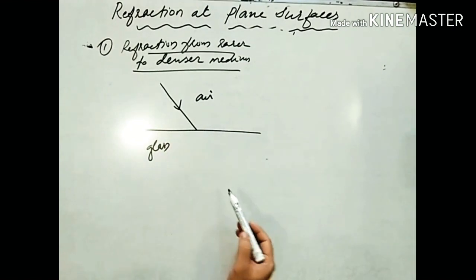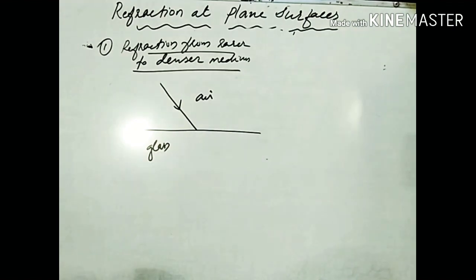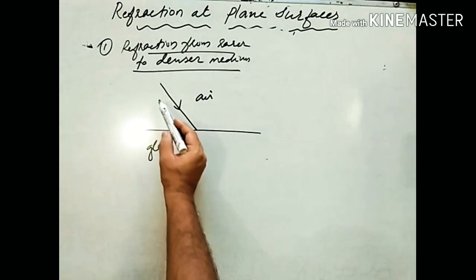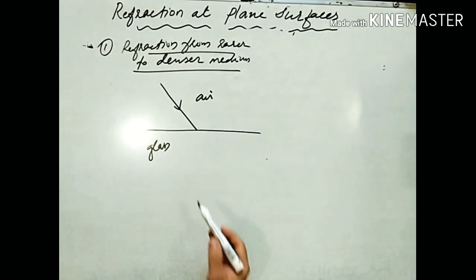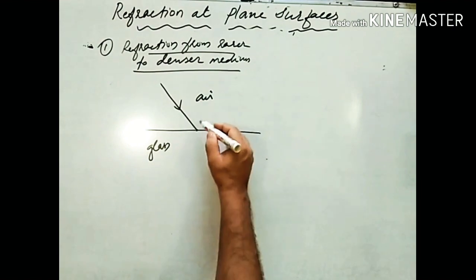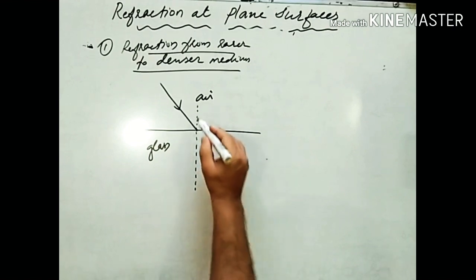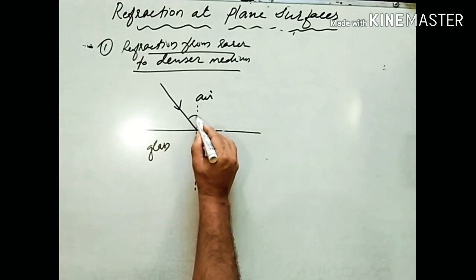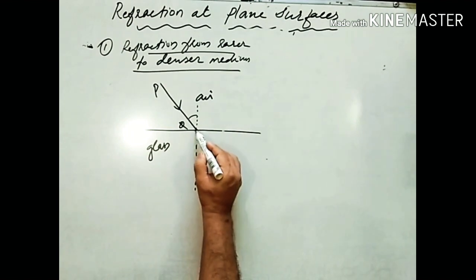It is traveling through the air and is incident on a denser medium, that is on glass. So when a ray of light travels from rarer to a denser medium, what happens? Its speed slows down. So this is the point of incidence. So I can draw a normal at the point of incidence, and the angle between the incident ray, PQ is the incident ray and Q is the point of incidence.